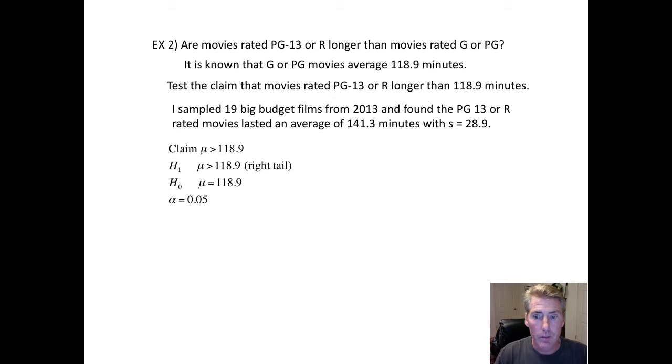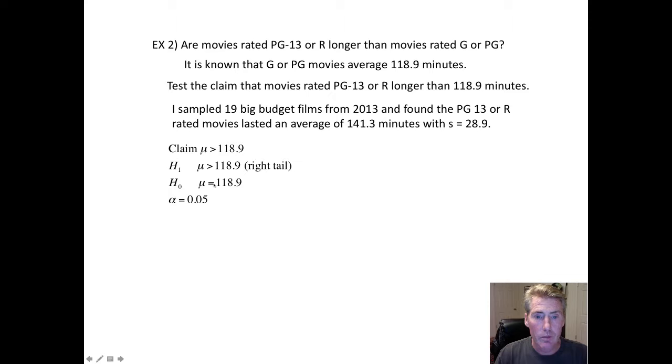So the claim is that this sample data, which was only 19 films, that the mean will be bigger than it was for the G and PG movies, 118.9. So the claim is that they last longer than the 118.9. H1 is also going to point to the right, so it's a right-tailed test.